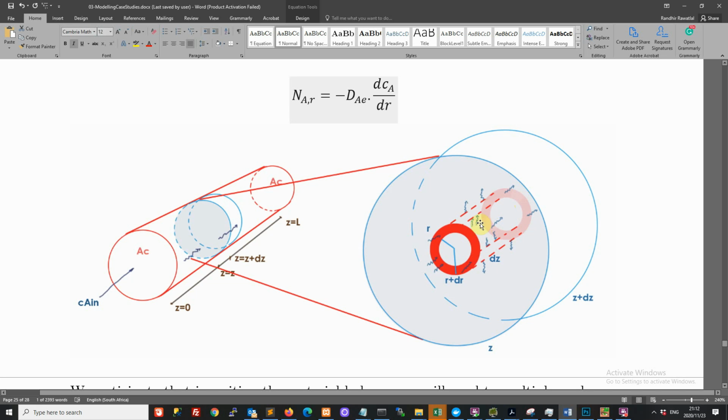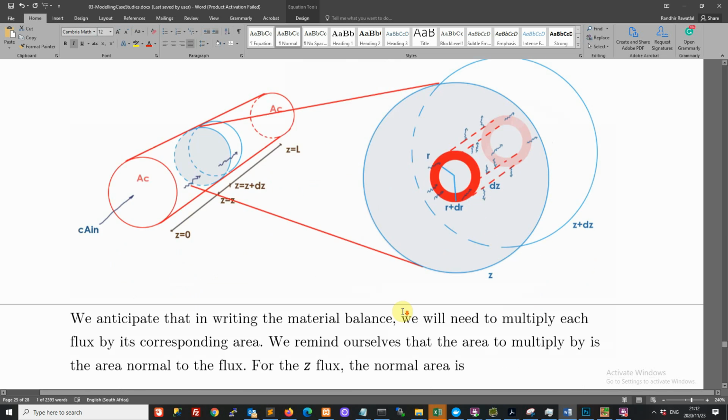Now, when we look in the r direction, the inside area is not the same as the outside area, right? The outside area is at r plus delta r. That's the radius there. So the area on the outside of this annulus is going to be 2 pi times r plus delta r and then times delta z.